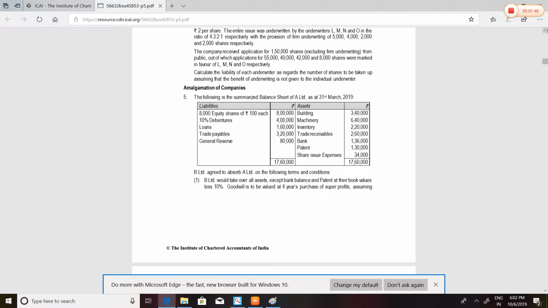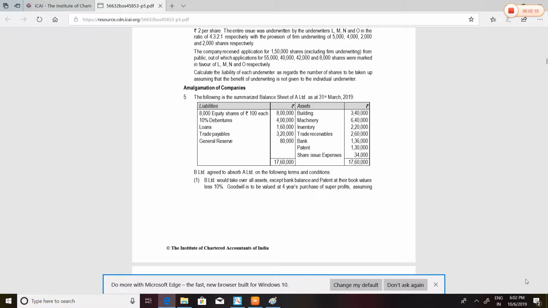The question is of amalgamation. Let's start. It's a similar balance sheet of A Limited as on 31st March 2019.